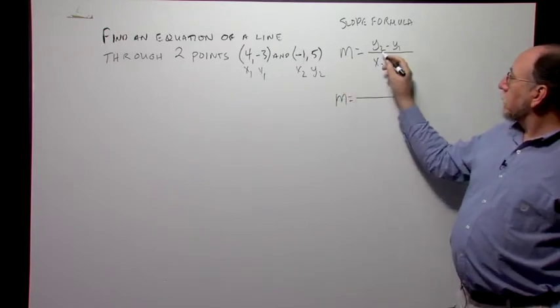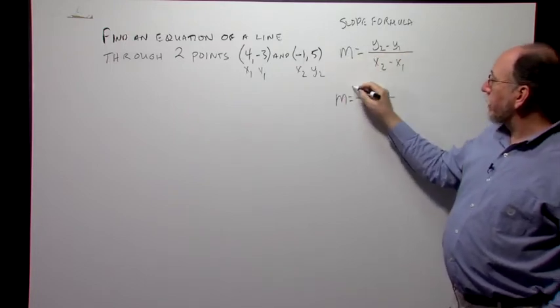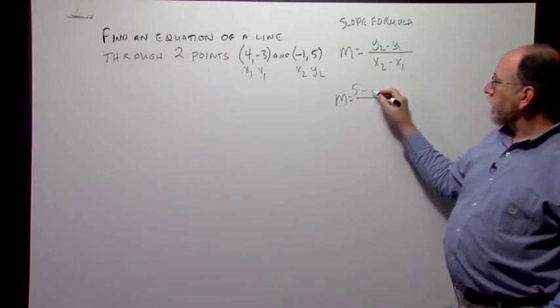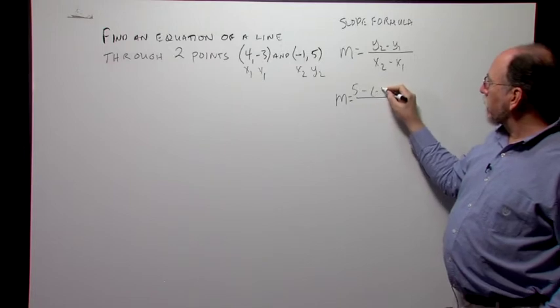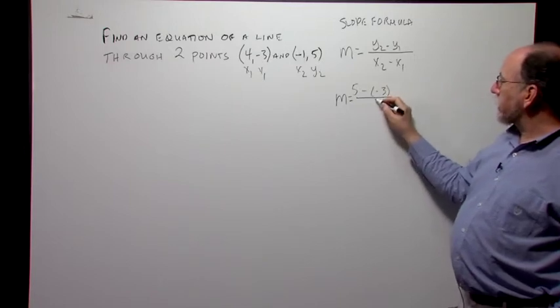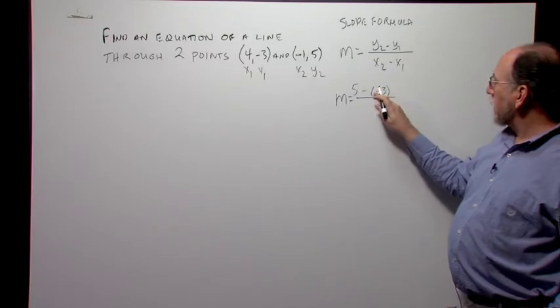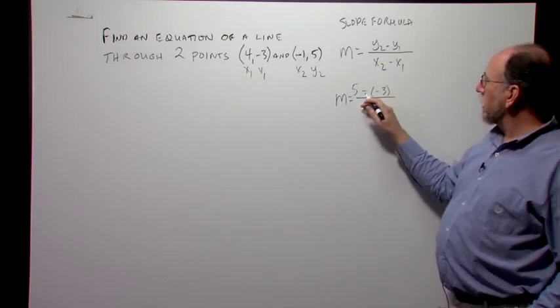So it says to put in y2, so we're going to put in 5 minus y1, which would be (-3). Notice I put parentheses there to indicate that I'm going to simplify that and to keep the structure there.